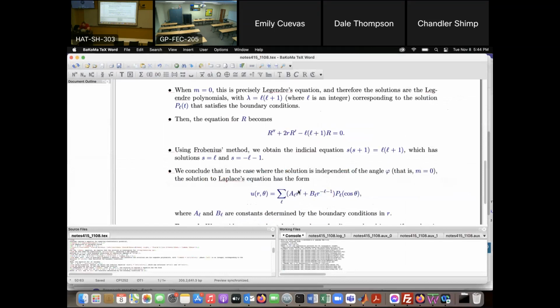And then those two linearly independent solutions are multiplied by these arbitrary, as yet unknown constants. So your general solution for the m equals 0 case has this form. To figure out what the coefficients must be, we need to use whatever boundary condition we have.